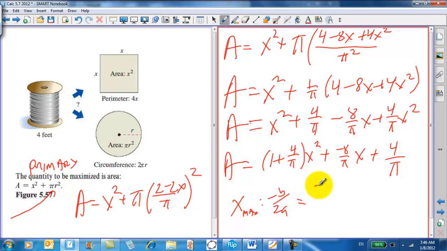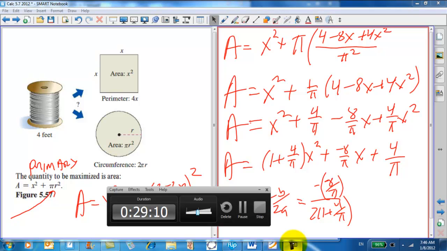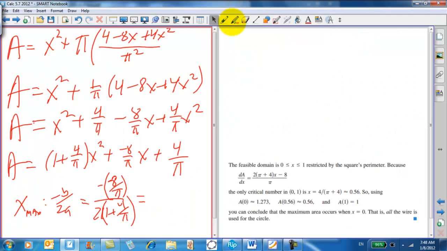So that's negative 8 over pi, over twice 1 plus 4 over pi. I can calculate that out. And we get 4 over pi plus 4, which is about 0.56. Now that's where the derivative is zero. That's where the vertex occurs.